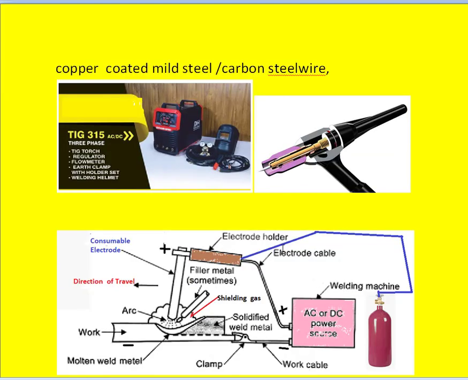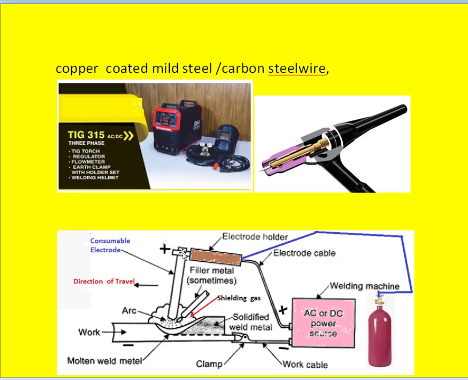Then coming to the arrangement of all this equipment to explain the MIG principle, it is like this. This is the workpiece, also called the base metal, connected to the negative terminal of the DC supply. This is the DC supply.